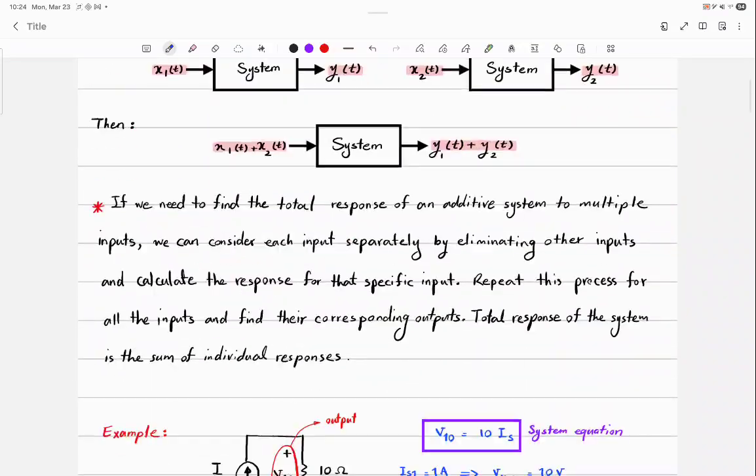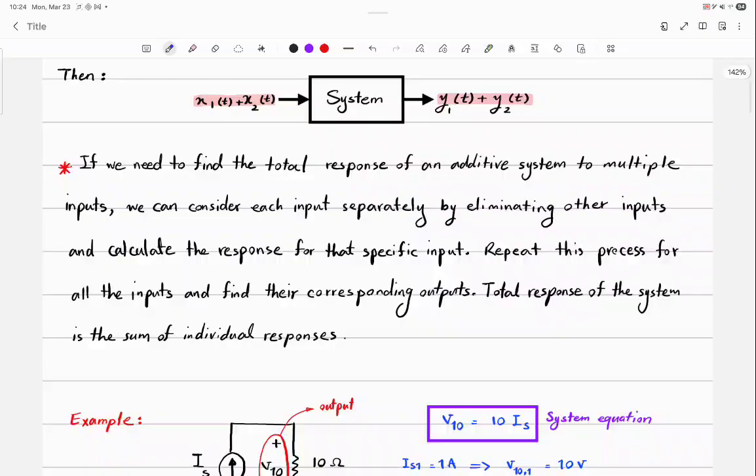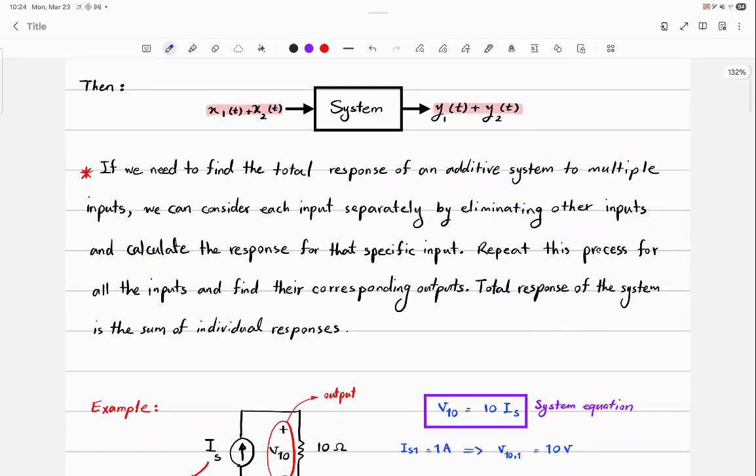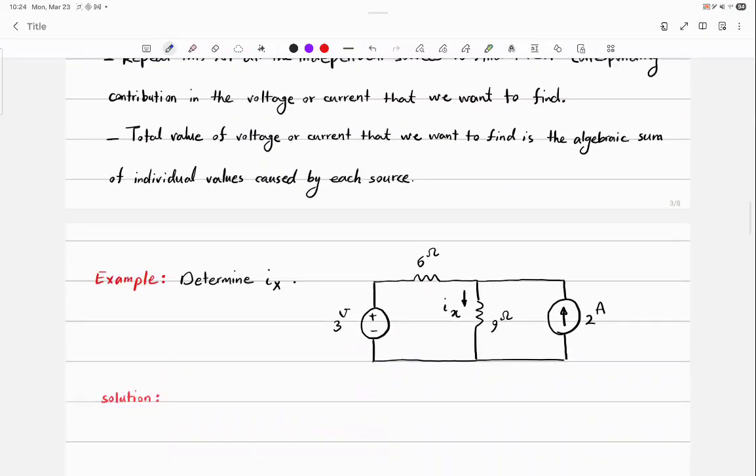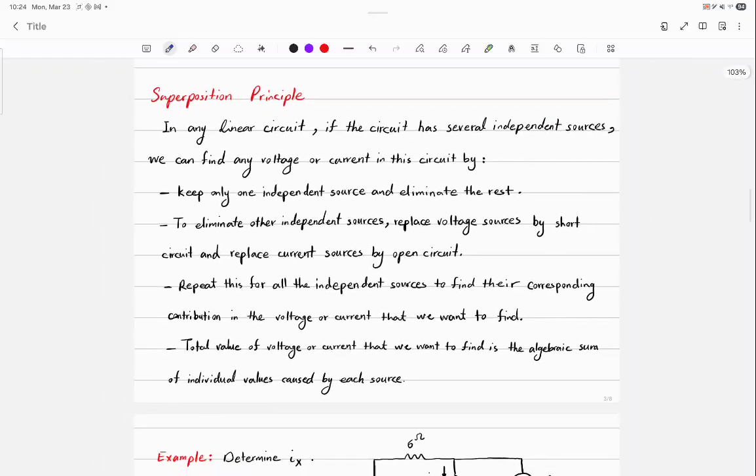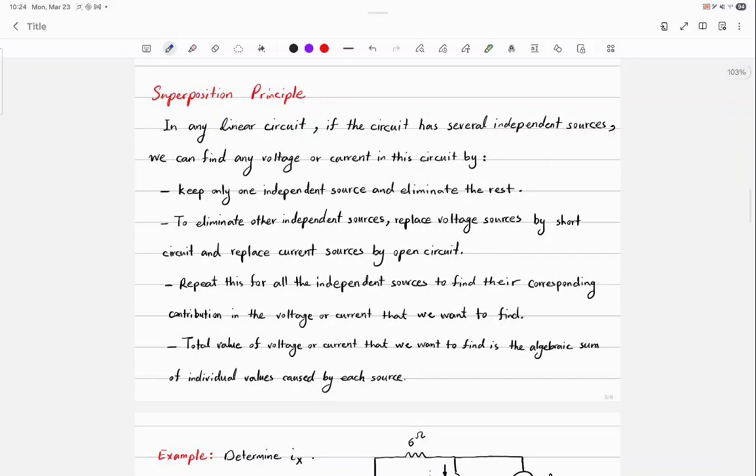So let's get back to here and see. Let me see if I have it. Okay, yeah, I have it here, so it's better to just talk about it here. So this is a sort of a summary of what superposition is, okay? Superposition is an advantage that we can apply to systems because the system is linear. Now, any linear circuit.